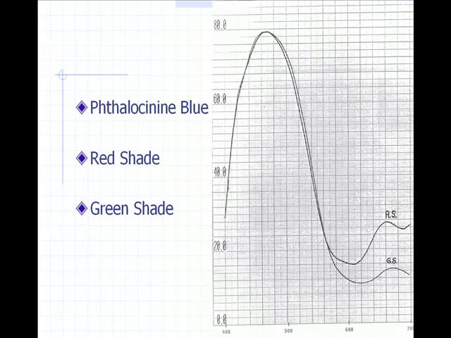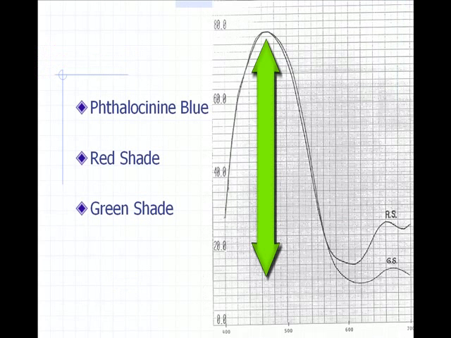Okay, let's look at some real pigments here and look at the difference in chroma between a couple of pigments. This is phthalo blue, which we've looked at before, and we can see there's a very large difference from the lowest part of the curve to the highest part of the curve.